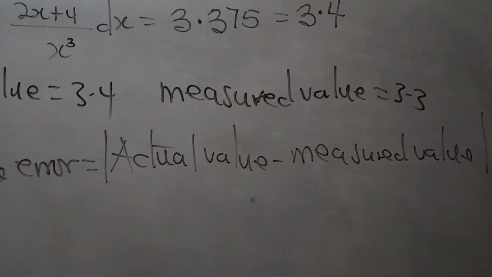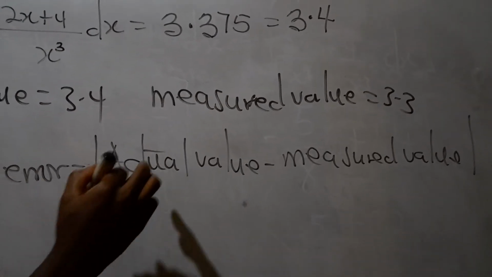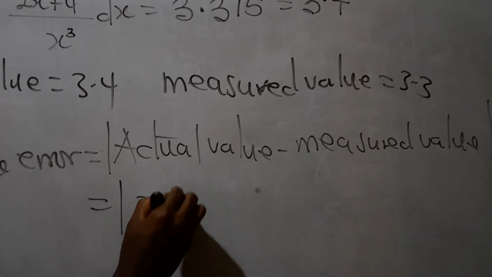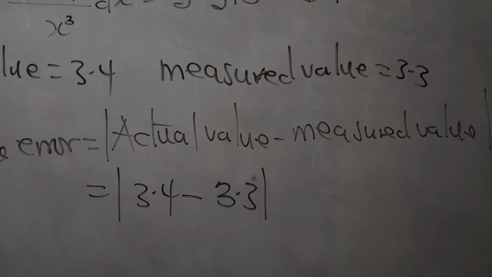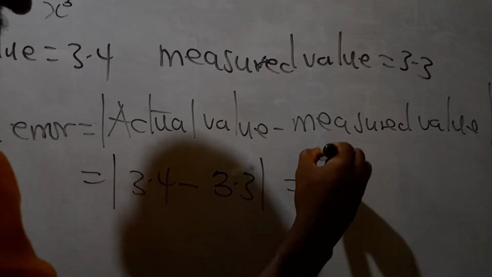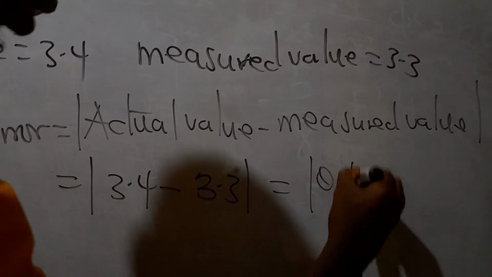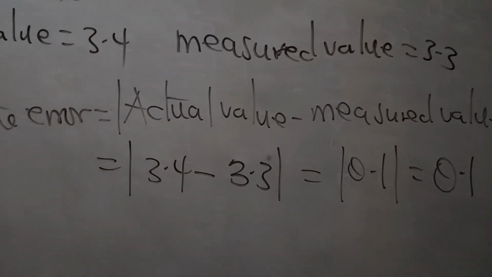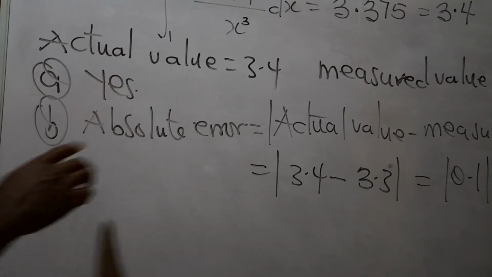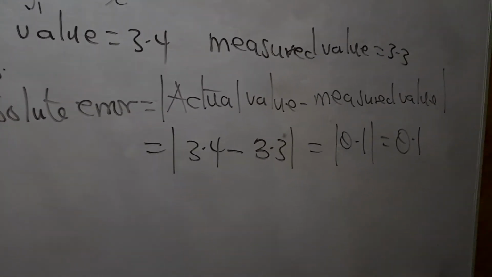So the absolute value of what's our actual value? 3.4, and the measured is 3.3, or the computed value. On straight difference, we get the absolute value of 0.1, which is equal to 0.1. So the student's, or Miss Spar's, absolute error is 0.1.